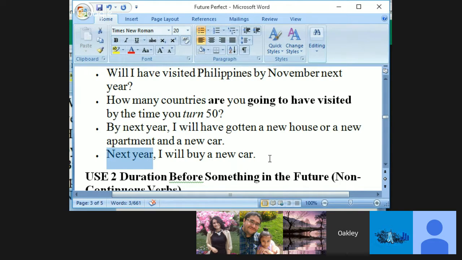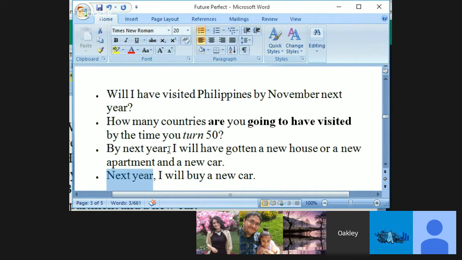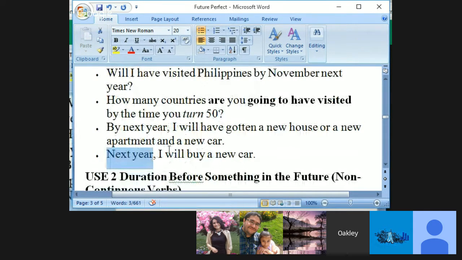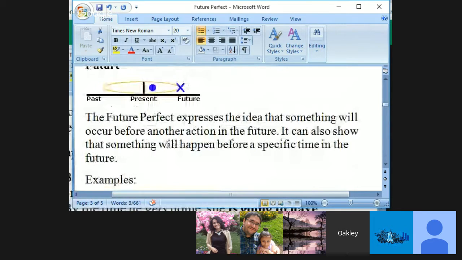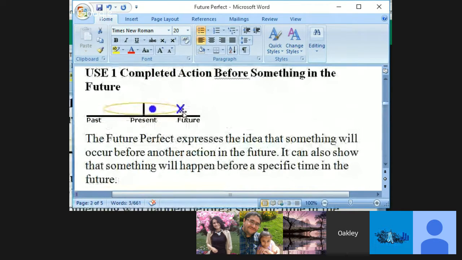Because something happens right before the future point, and from now up to that point I have finished what I want. I think you have the idea, but to look at it another way: next year, without "by," would be stretched out.